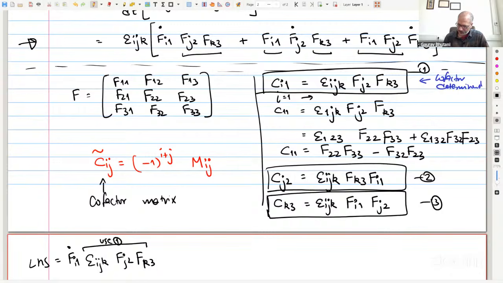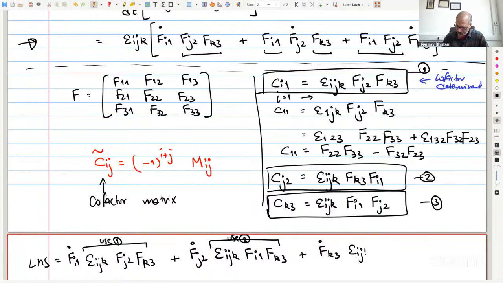You can see that. And then the second term is, sorry, I keep the Fj2 dot out, and then I have epsilon ijk Fi1 Fk3. Let's look at this term, and this is exactly what we have in equation 2. So we use 2 here, and then the third one is Fk3 dot, then we have epsilon ijk, and then Fi1 and Fj2.